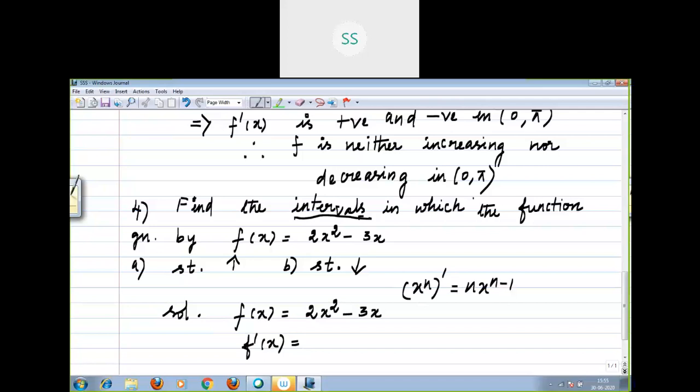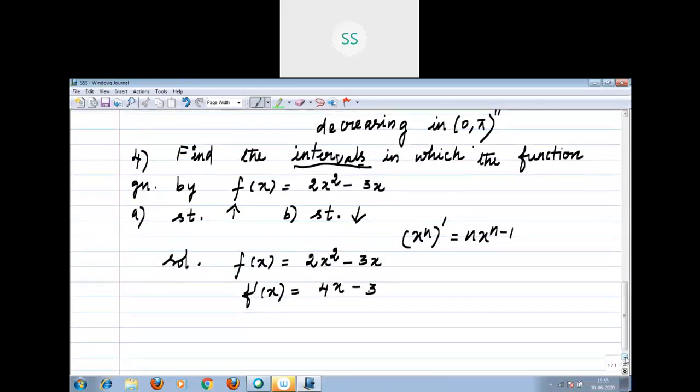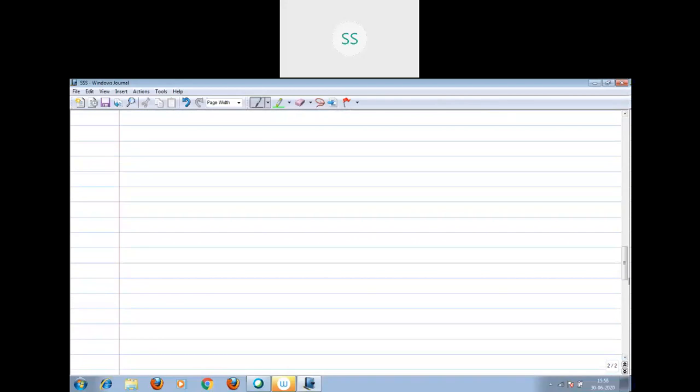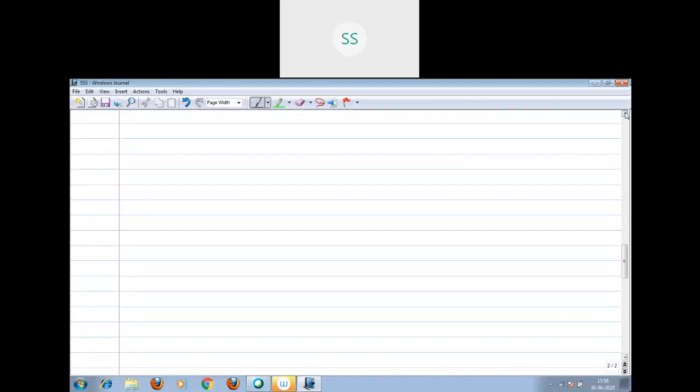Here 2x square will give 4x, then 3x becomes minus 3. I told you, when you see the words find the interval, immediately you have to equate the derivative with 0. Derivative equal to 0. The derivative is what? 4x minus 3, right? See, I'll show you again the derivative, right?